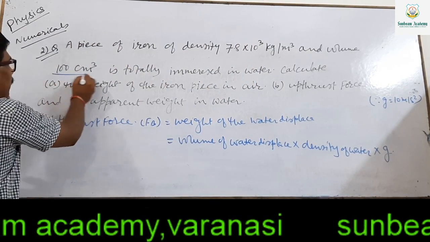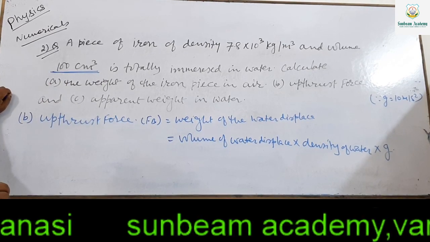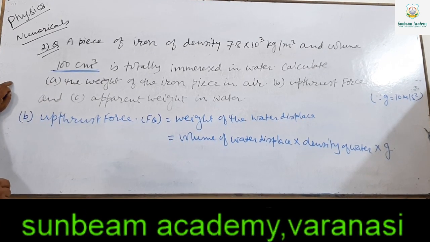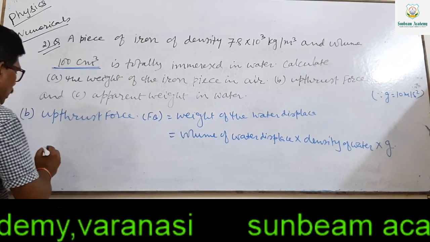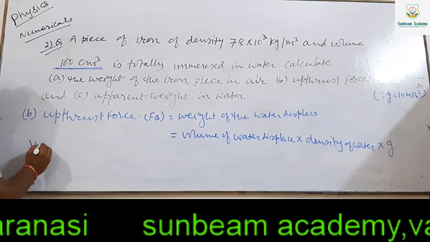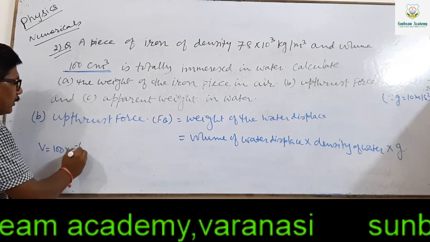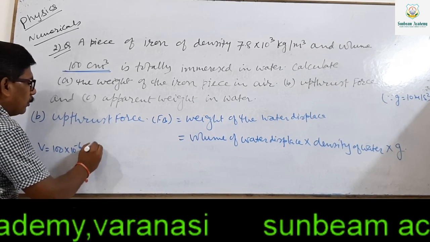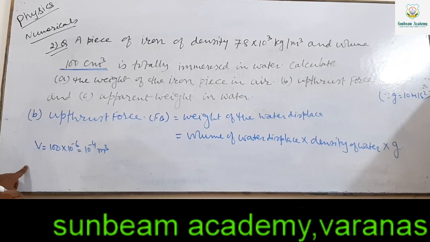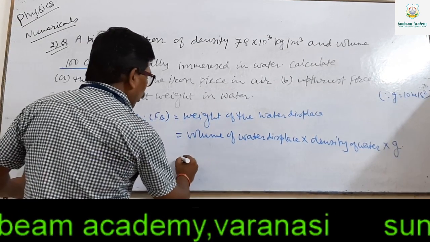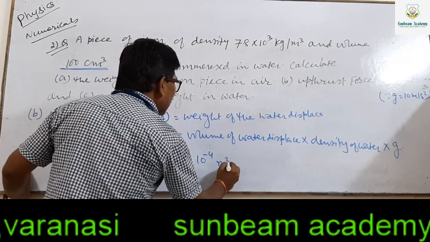Volume of water displaced is 100 centimeter cube, which you have already converted: multiplying by 10 to the power minus 6 gives 10 to the power minus 4 meter cube.